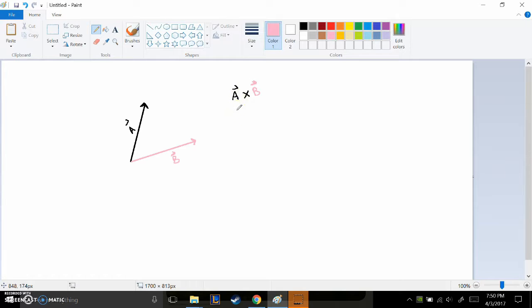Before, we wanted to see how similar they were because we wanted a large number. Here, we want them to be dissimilar. We want this angle to be very large.